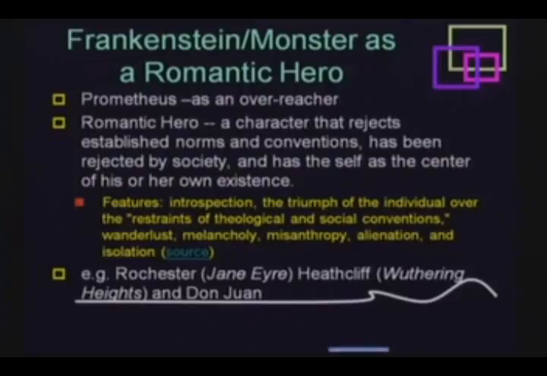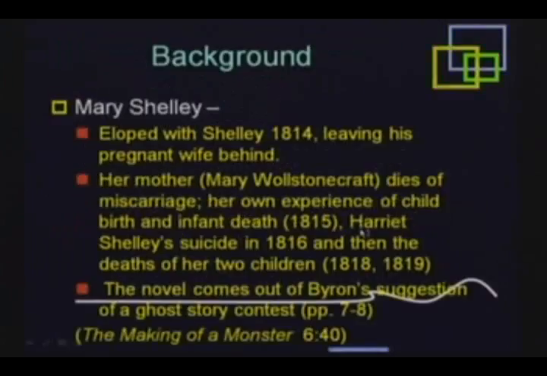Or sometimes they suffer from melancholy, and then they can be driven to wander around because of their discontent or their sense of guilt, etc. And Jane Eyre is registered as one example of the romantic hero, and then 咆哮山庄, Wuthering Heights, Heathcliff is another example of the romantic hero. Okay.